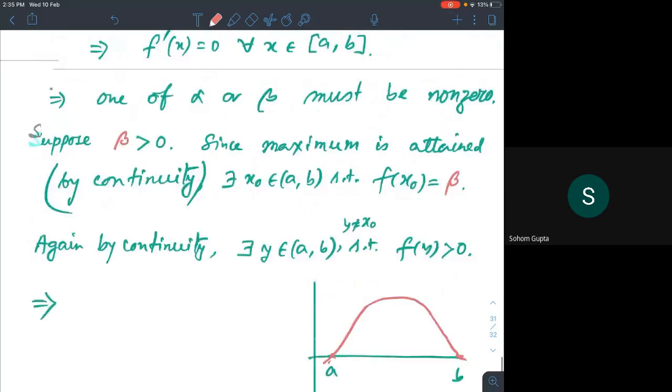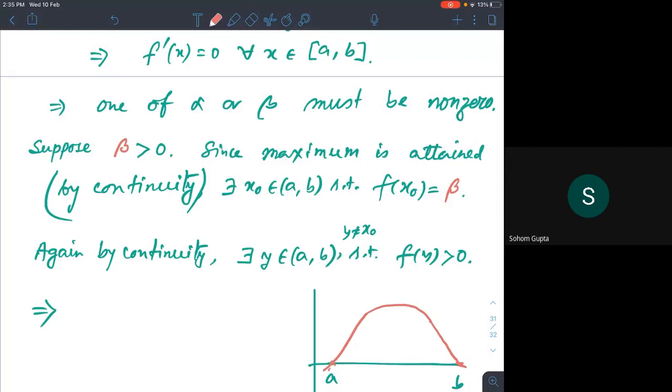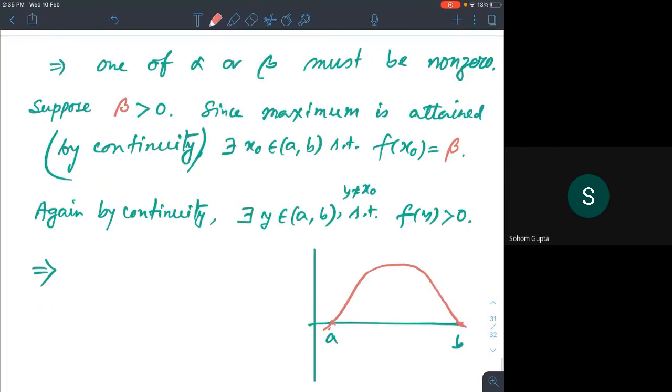So you can choose, suppose beta is greater than 0. That means the maximum is attained, right? So at x naught this maximum is attained. What I'm saying is this is not needed.